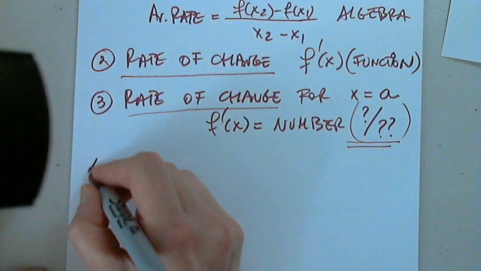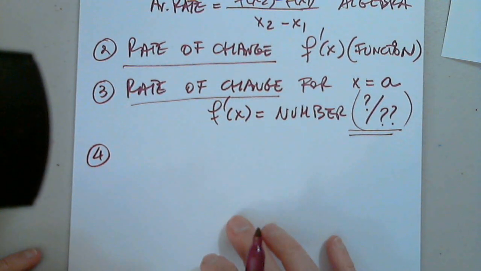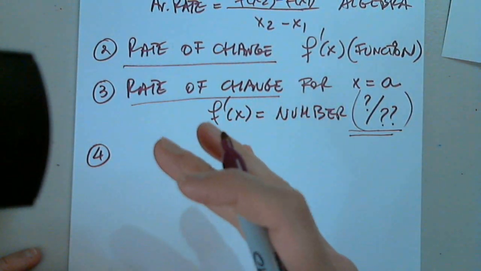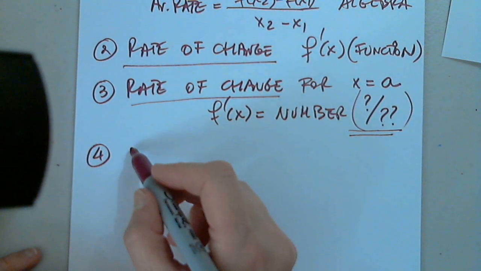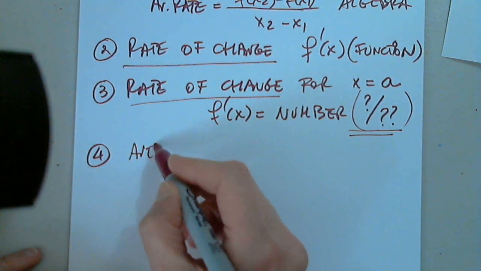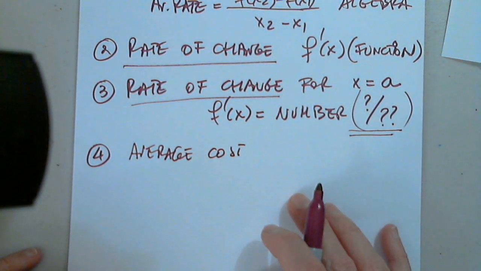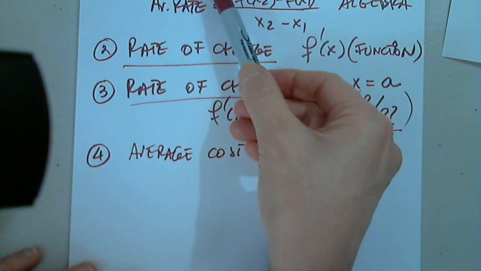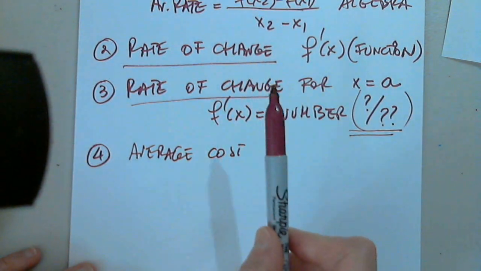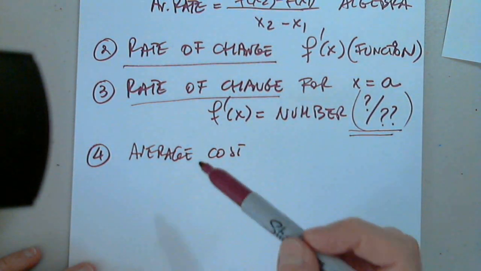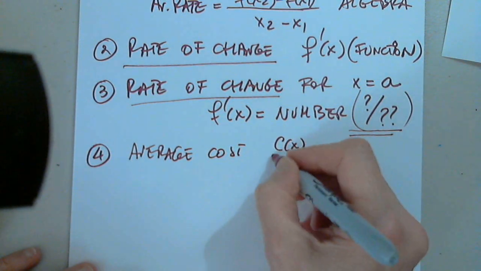Okay, number 4. Last time we looked, and also before, we looked at average cost, which is not the average rate, it's not the rate of change, and it's not the rate of change evaluated. No, the average cost is C of x over x.